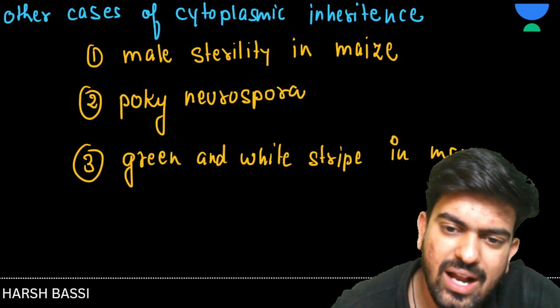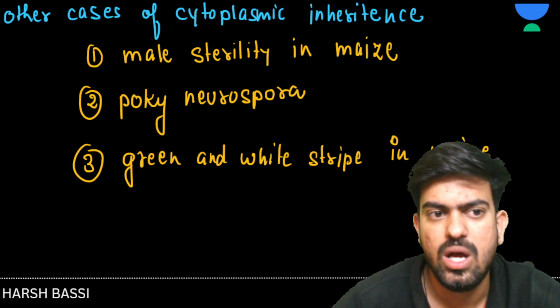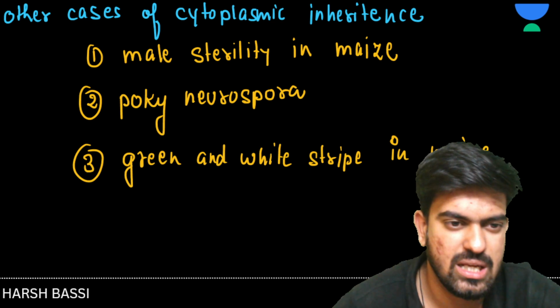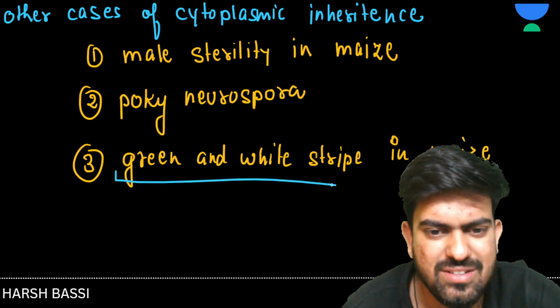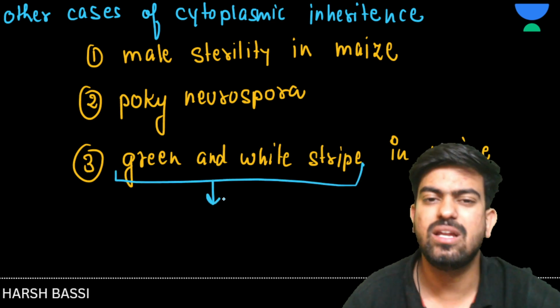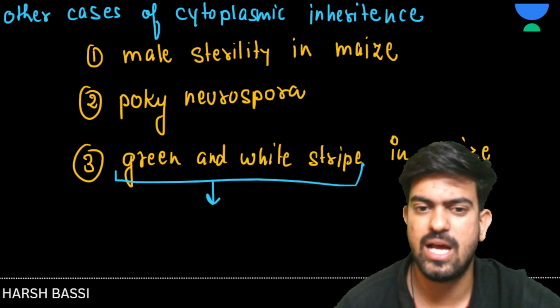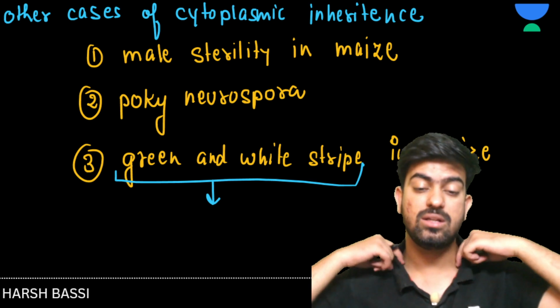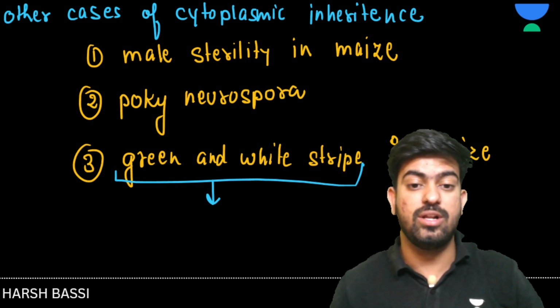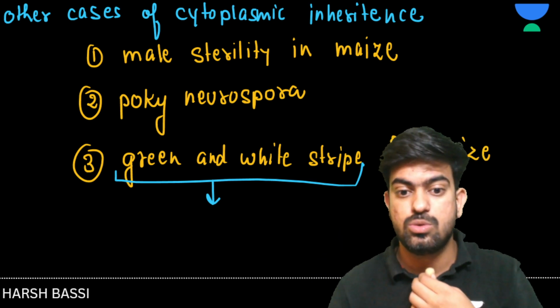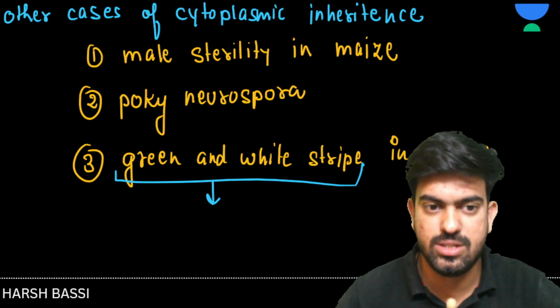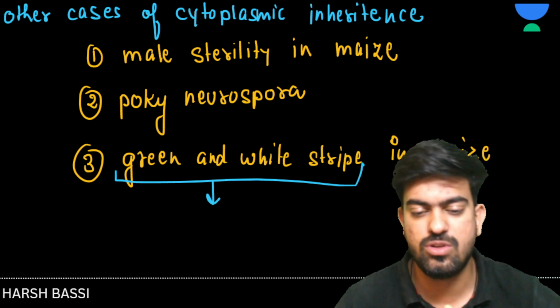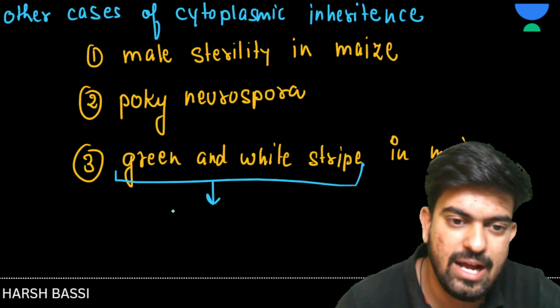Learn these three examples which can be asked in the exam, but the chances are very less. But see, again, lots and lots of syllabus has been reduced, so genetics might become tough. Might be that the NMC or the NTA wants you to have tough questions in genetics, right? So green and white stripes, this pattern is known as the IOJAP pattern.